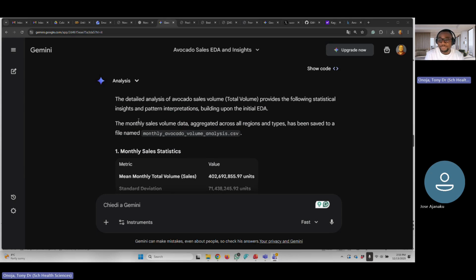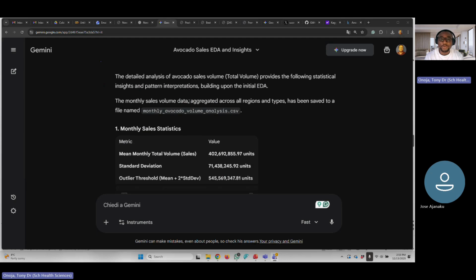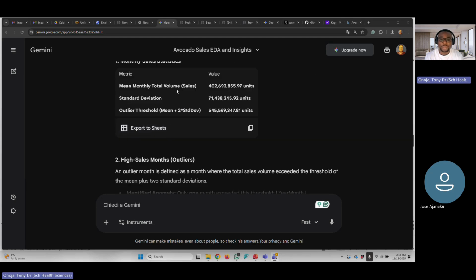So, from what I could see here, the detailed analysis of avocado sale volume provides the following statistical insight, built upon the initial EDA. The monthly sale is aggregated across months.